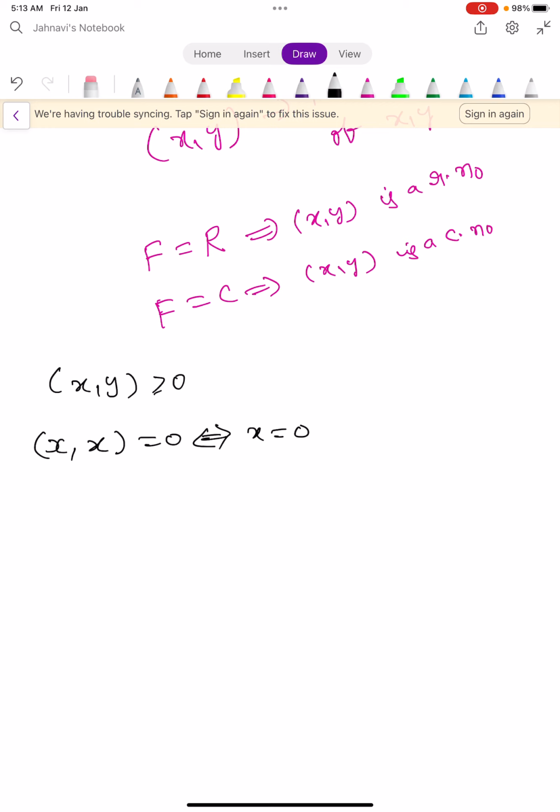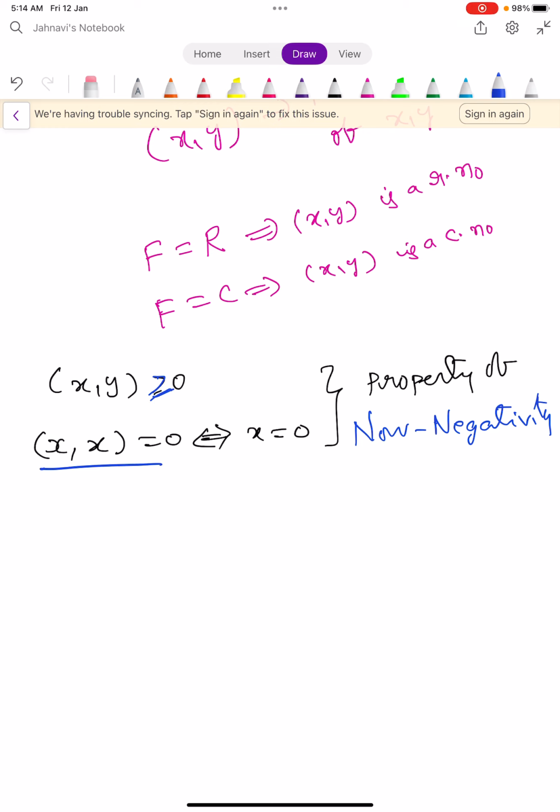This is property number 3, which is called the property of non-negativity.